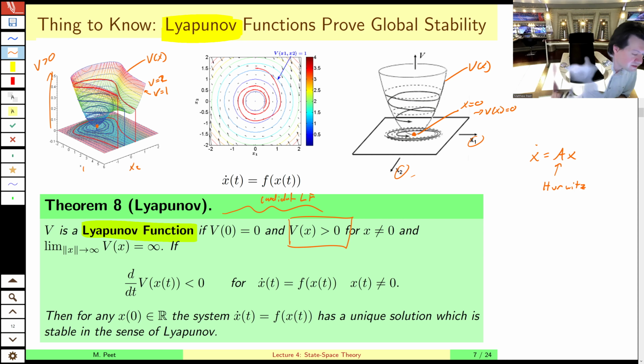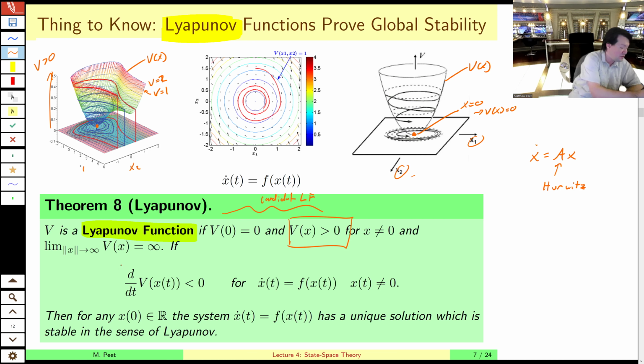But it's again a proof mechanism. So the idea is if this is a valid candidate Lyapunov function, and it has the property that its derivative along solutions of the system, so if you plug in x of t into the Lyapunov function, if x of t is a solution and you take the derivative of the Lyapunov function, that derivative is always less than 0.